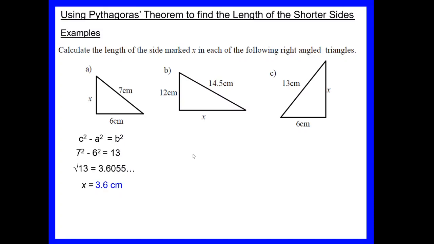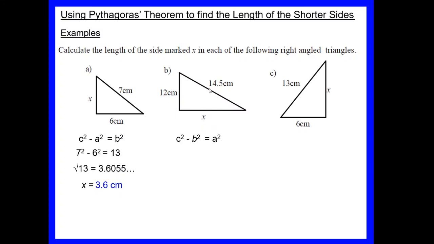Okay, let's try the second one. So again, this time I'm still calling this one here B and this one here A. So I'm just going to use the other formula. So c squared minus b squared equals our a squared this time.